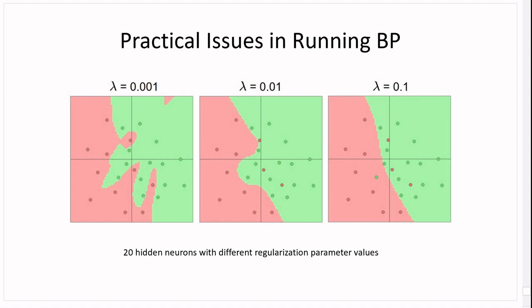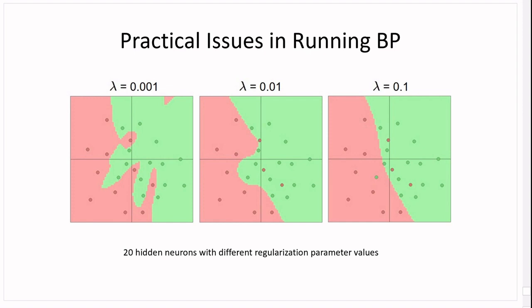One thing we had mentioned earlier is the idea of regularization. When you have many hidden units and you want to control the overfitting, you can introduce a regularization term in your cost function. Here is an example of what happens when you introduce a regularization term.